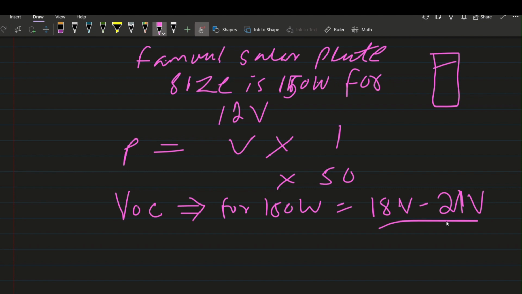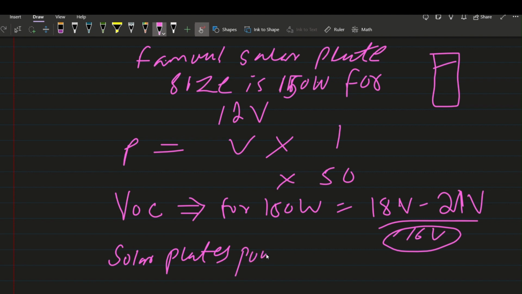For example, let's suppose I take 16 volt. You could take 15 volt, 18 volt, 14 volt. It depends upon you. Here I am taking 16 volt for my designing. So the solar plates power will be equal to VI.